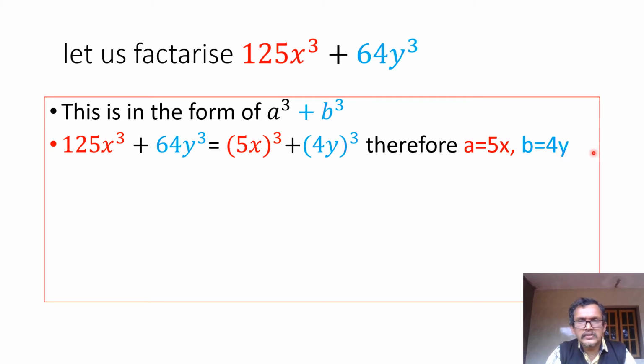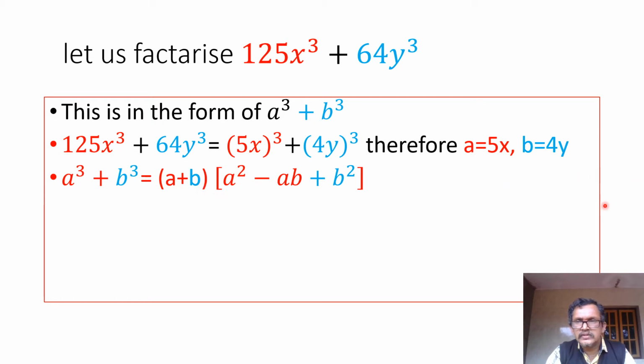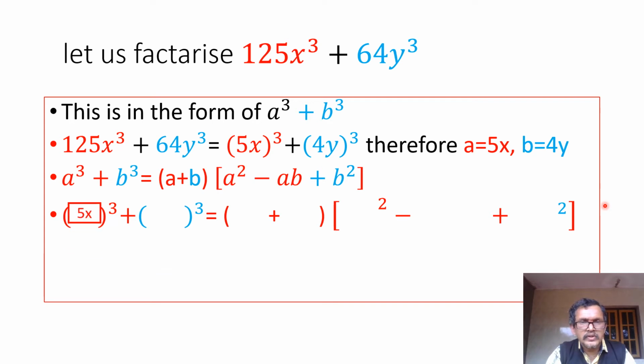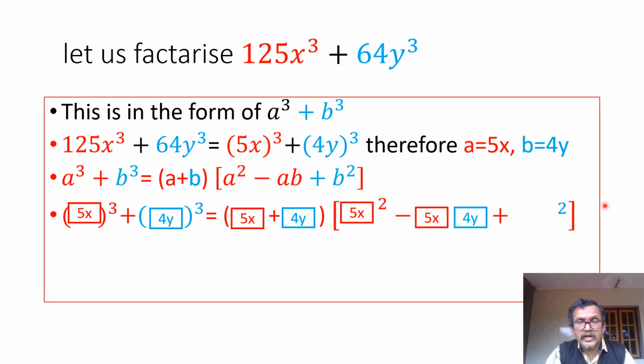Now apply the formula a cube plus b cube, putting a equals 5x and b equals 4y: a cube is 5x whole cube, b cube is 4y whole cube, a is 5x, b is 4y, a squared is 5x whole squared, minus 5x into 4y, plus 4y whole squared.